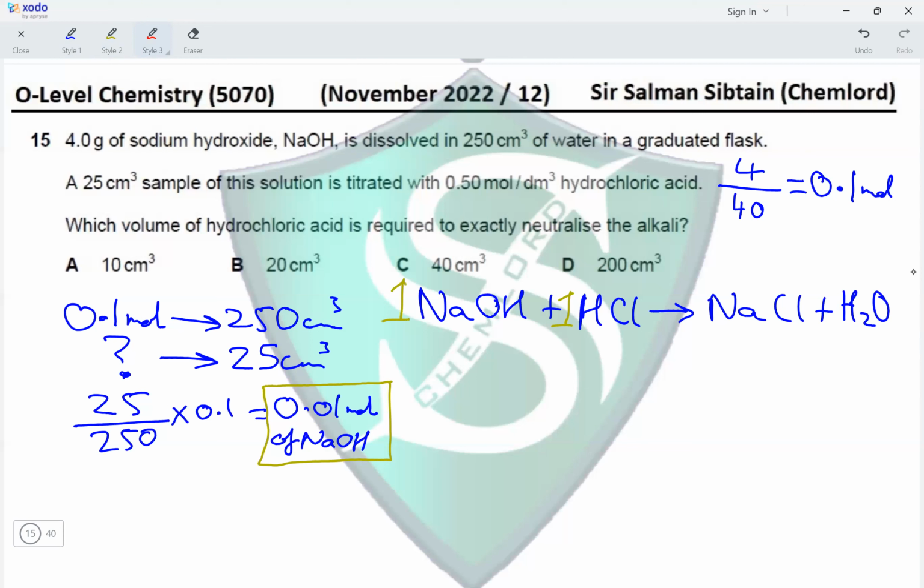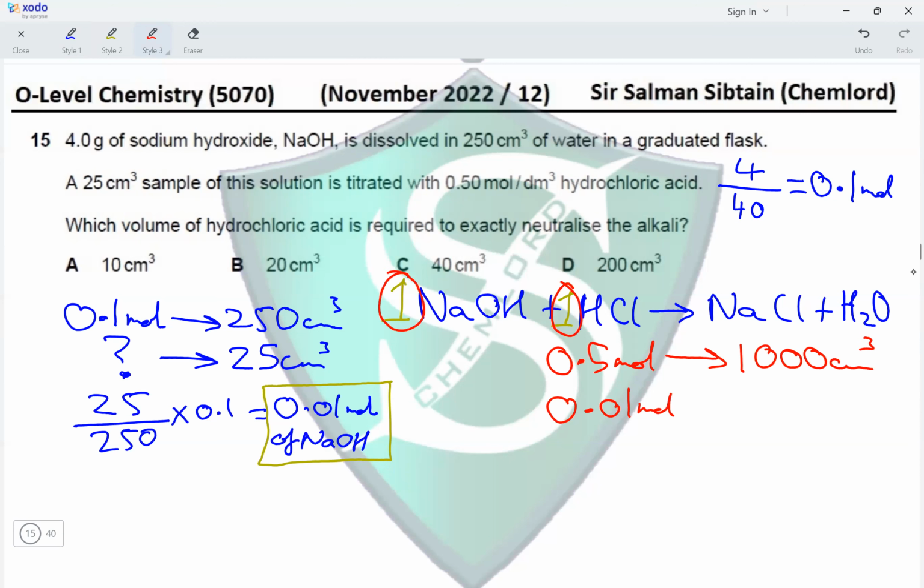Okay, so we need to find out the volume of HCl. We know moles of NaOH. So the number of moles of NaOH that are reacting would be equal to the number of moles of HCl that would react. Out of what they've given. What they have given us is 0.5 moles of HCl in a volume of 1000 cm cube, which is equal to a dm cube. Now, out of this, 0.01 moles would react because the molar ratio is 1:1 for NaOH and HCl.